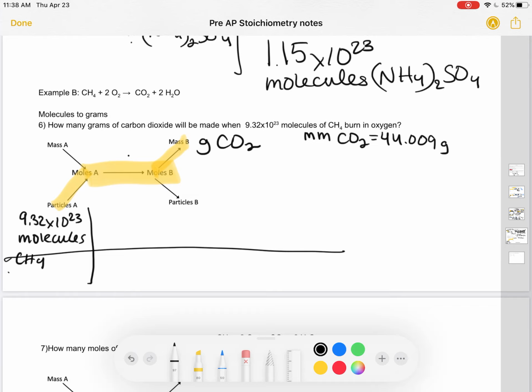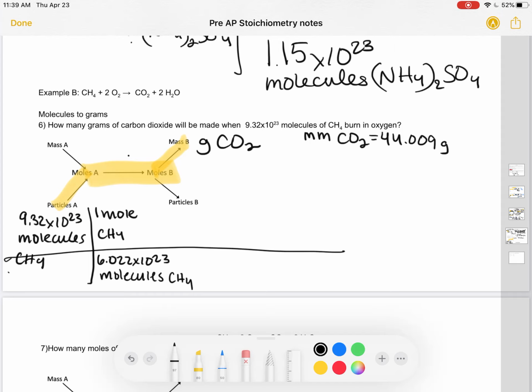All right. So I have to get rid of molecules and get moles. In 1 mole of CH4, there are 6.022 times 10 to the 23 molecules of CH4. That number, 6.022 times 10 to the 23, is probably going to be burned into your brain for the rest of your life, just so you know.